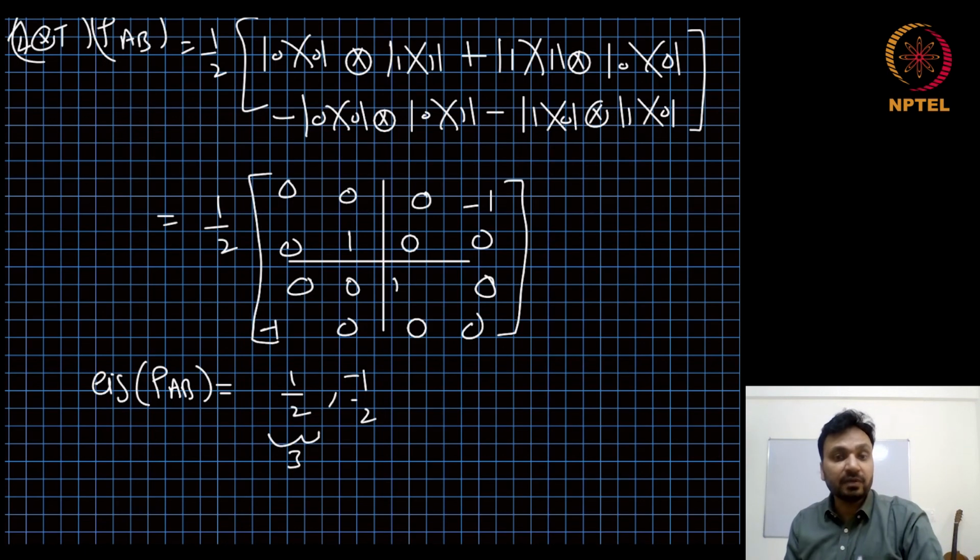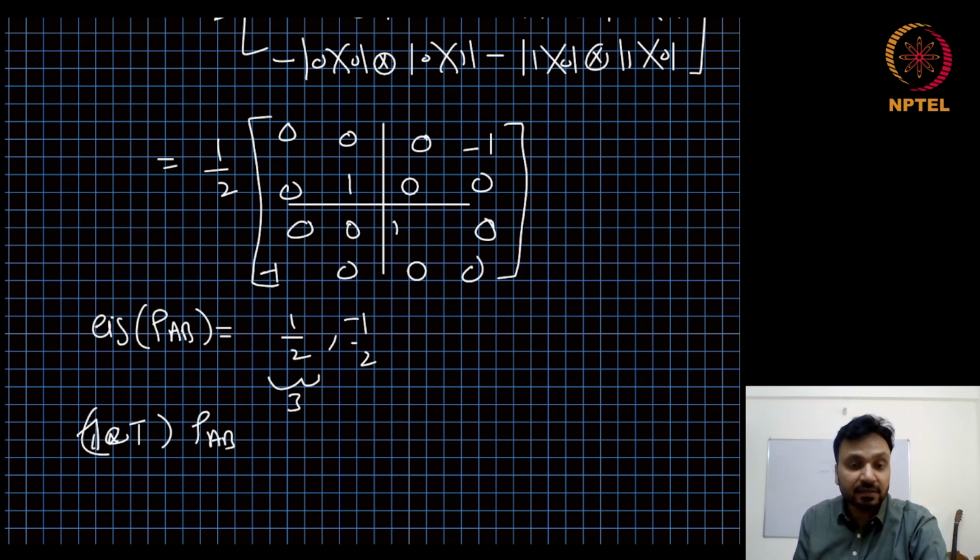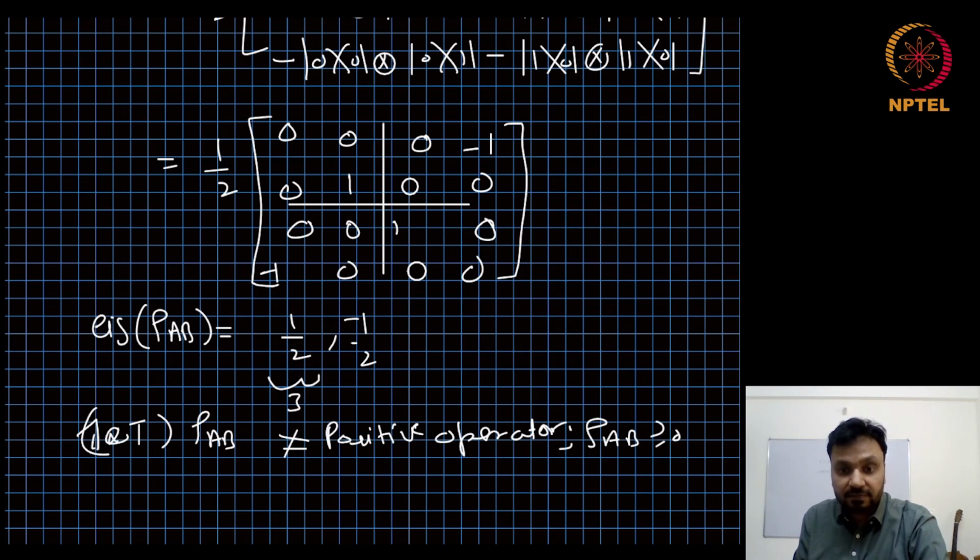So in that way, identity tensor transpose acting on a subsystem of a larger system need not be a positive operator, even if rho AB is positive. So this is one counterexample where we see that not all the positive maps, which map positive operators to positive operators, are positive maps when we apply them on a subsystem of a larger system.